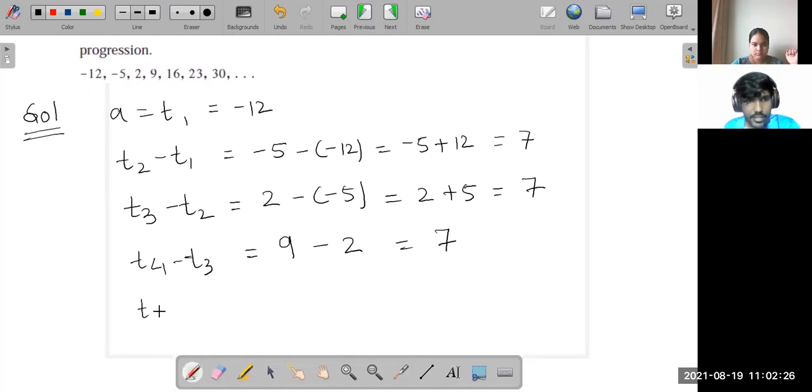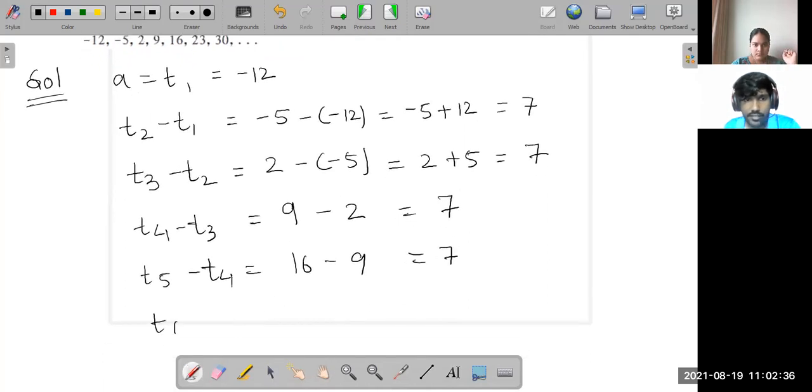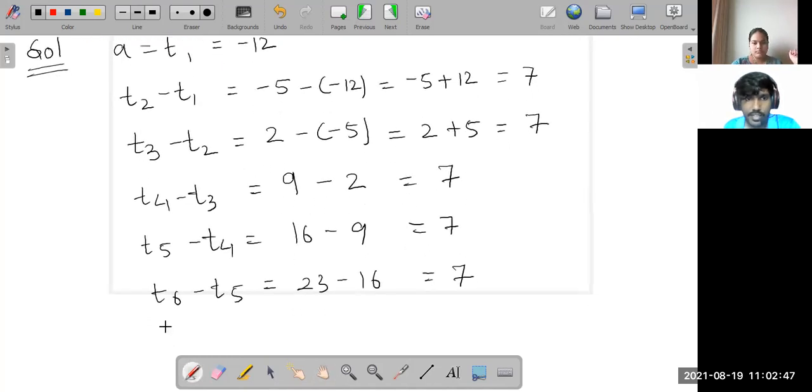Let's do T5 minus T4, 16 minus 9, again 7. Then T6 minus T5. T6 is 23, T5 is 16, which is again 7. And lastly, T7 minus T6, that is 30 minus 23, which is again 7.